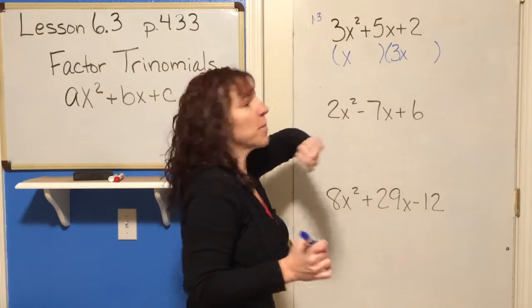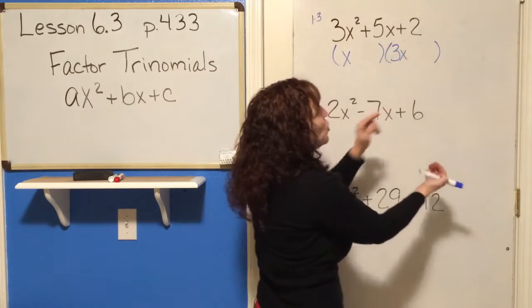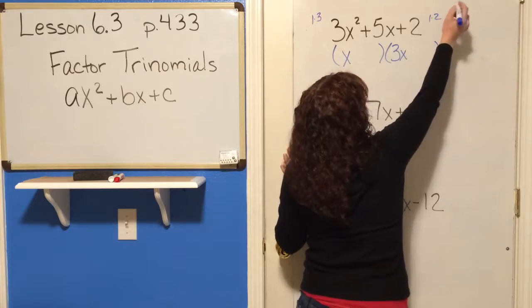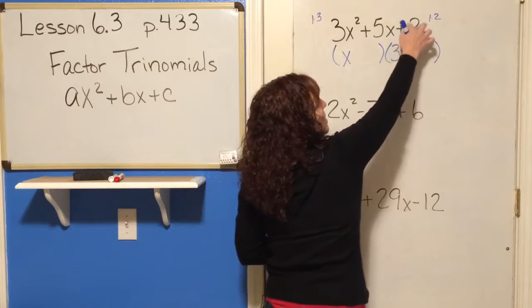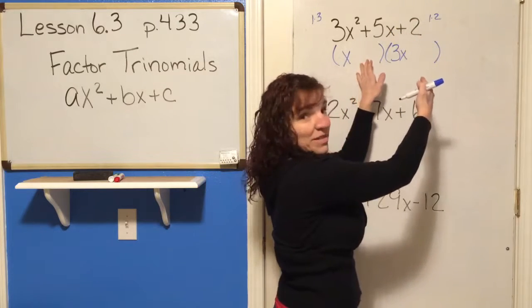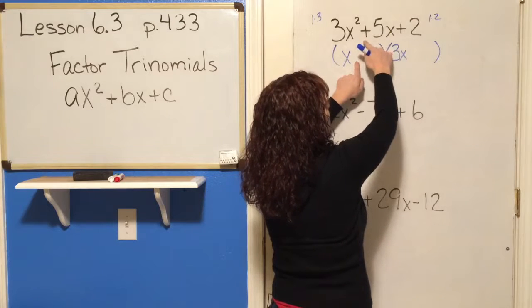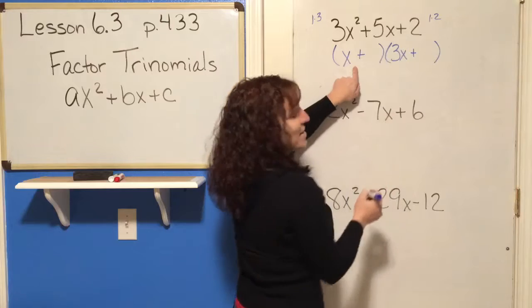No problem. Now we go to the last term. The 2 is 1 times 2, and those are the only options. This is a positive term, so the signs are going to be the same, and since the middle term is positive, both signs are positive.